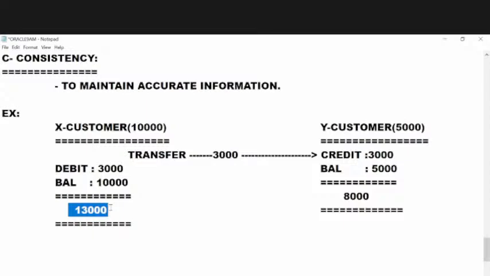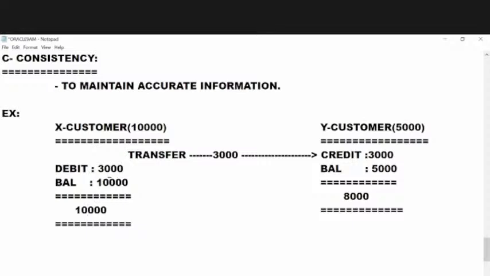No. This is not accuracy, this is not consistency. But this kind of thing does not happen; 99.9% of the time it does not happen. So this is not the way of a transaction.